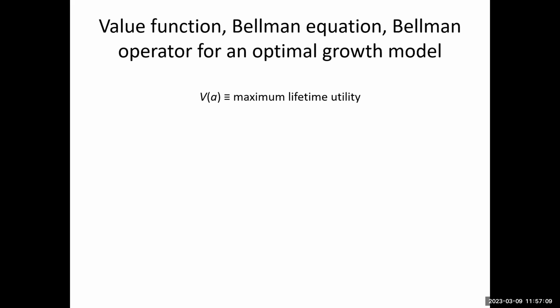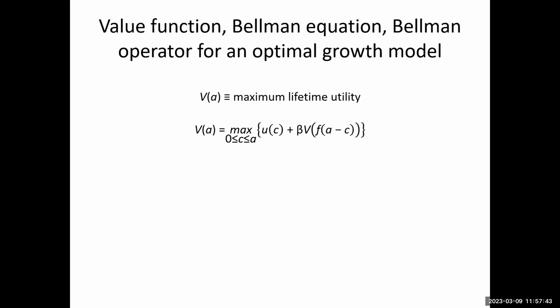Define V of A as the maximum lifetime utility if your initial resource endowment is A. We expect it to be increasing in the amount of the resource with which you start. Using this definition, we obtain the Bellman equation, which says that we achieve maximum lifetime utility by choosing current consumption to maximize the sum of current utility and discounted maximum lifetime utility next period.